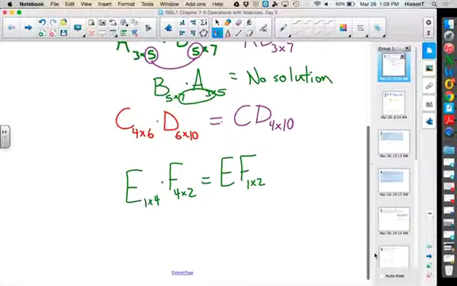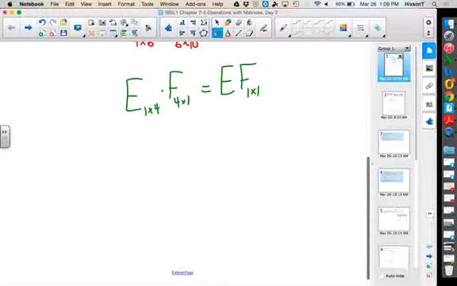Also, think of it like this. Let's say I had F, and it was a 4 by 1 matrix. EF would be what? 1 by 1. A 1 by 1, so it would just be a single number in brackets. However, this is one of the ones where, let's say I turn it around and I have F, a 4 by 1, times E, which is a 1 by 4.